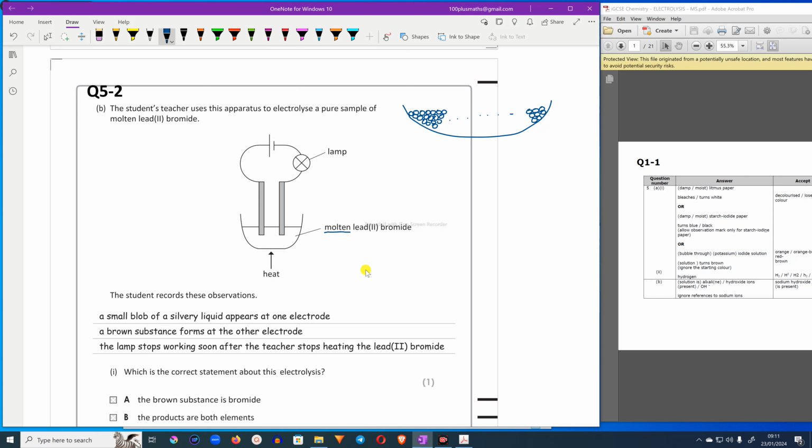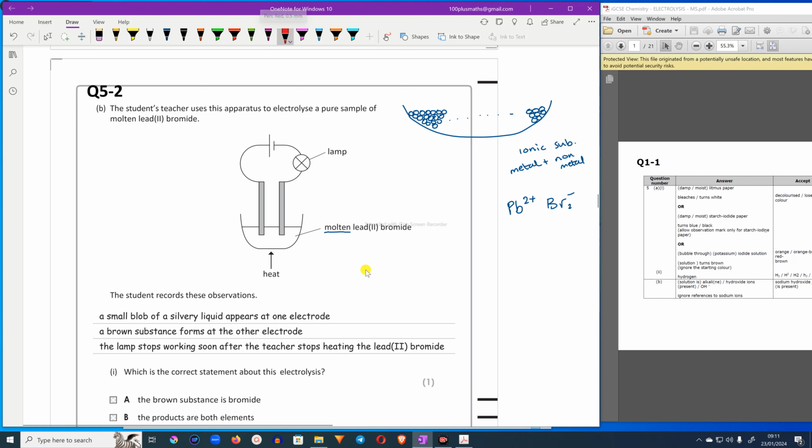Lead bromide is an ionic substance. Why is it ionic? Because you've got a metal plus a non-metal. So you're going to have lead two plus and bromide. So that's what you've got.